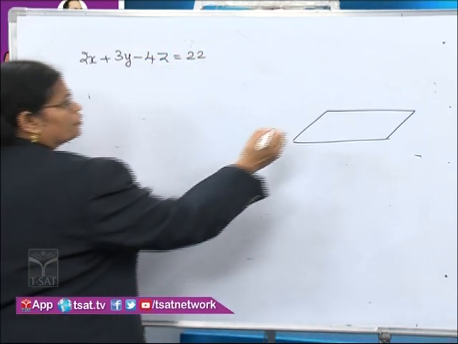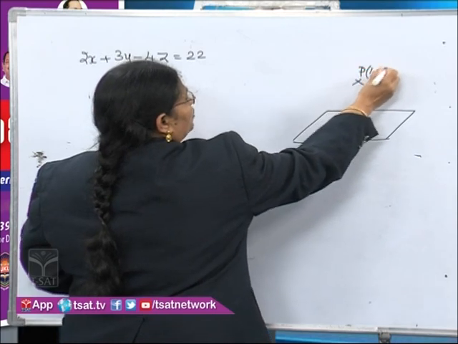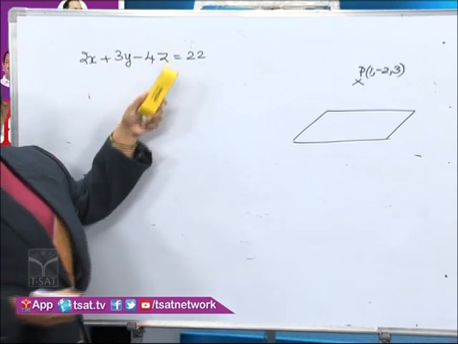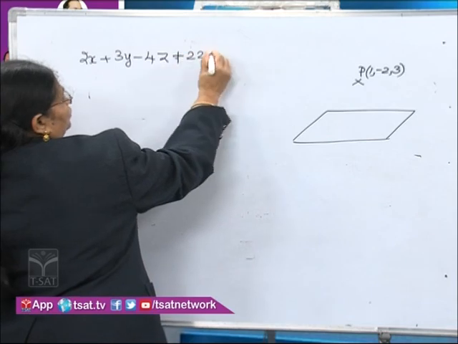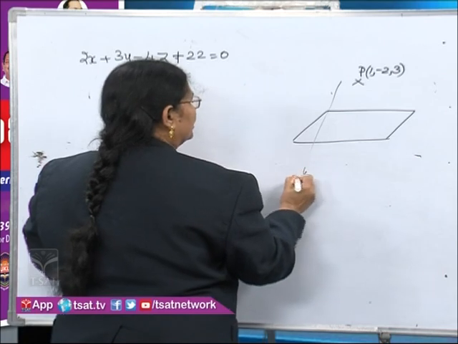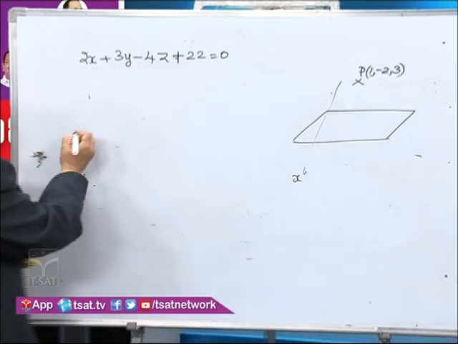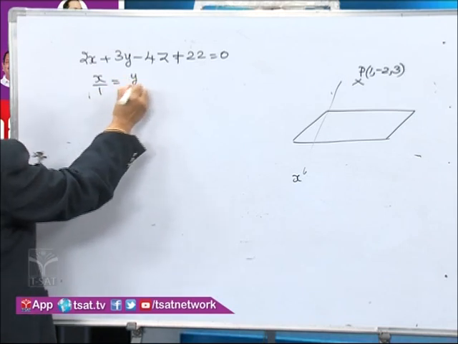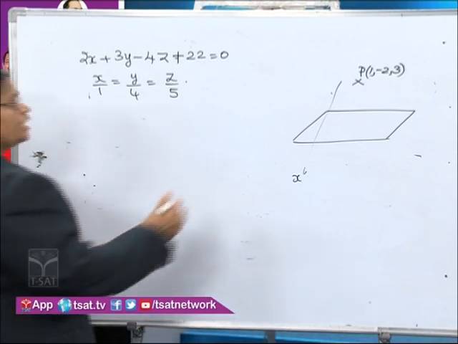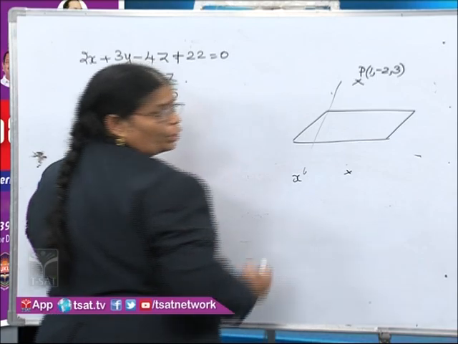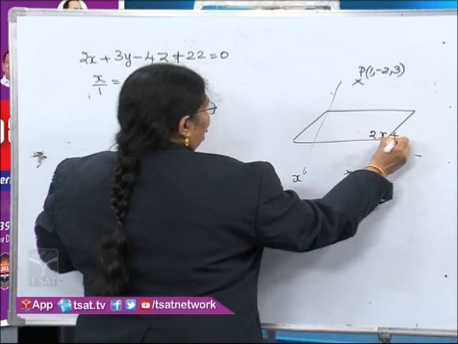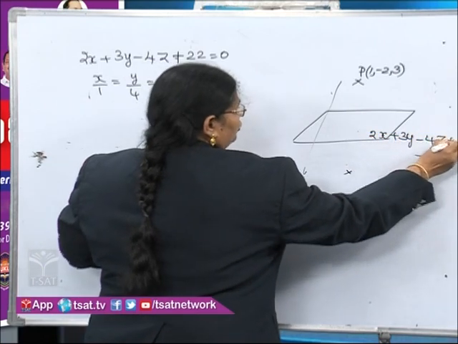We want the image of the point P, which is (1, -2, 3), in the plane 2x plus 3y minus 4z plus 22 equal to 0, measured parallel to the line x by 1 equal to y by 4 equal to z by 5. This is the line. So if we want the image of this point, it will be somewhere here. Now, this is the plane equation 2x plus 3y minus 4z plus 22.